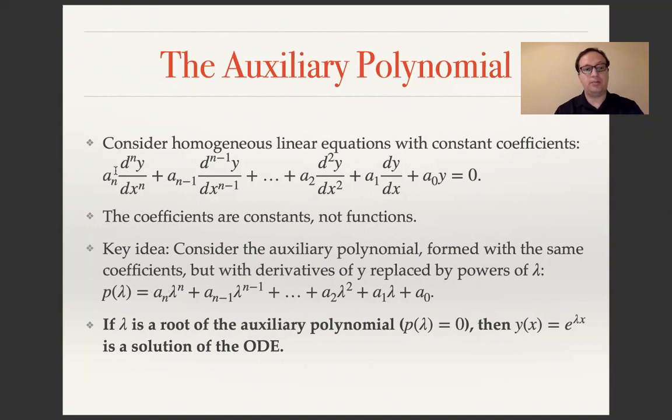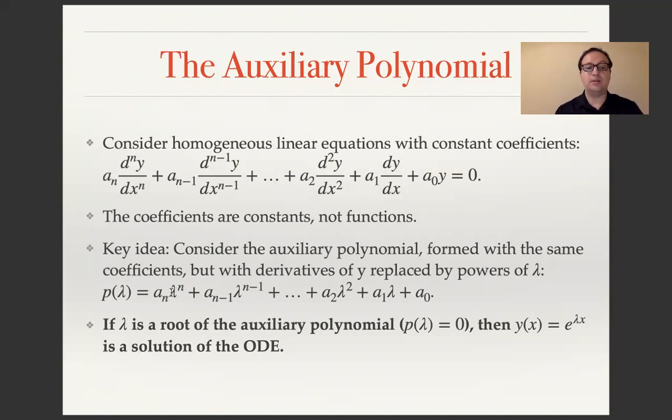So we replace the nth derivative of y with the nth power of lambda. So we replace every derivative of y with the same power of lambda. So if the equation had order n, we get a polynomial of degree n. And the coefficients are the same.